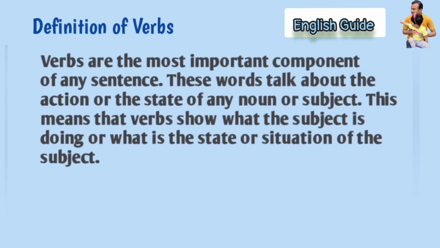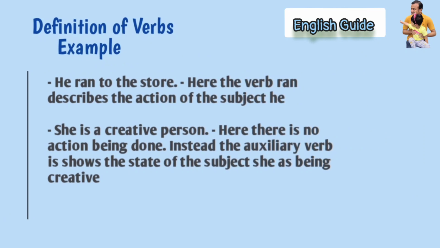Means a verb shows what the subject is doing as well as what is the state or situation of the subject. মানে ভার্ব বলছে কোনো সাবজেক্টের কাজ করাটাকে বোঝাচ্ছে, প্লাস তার সিচুয়েশন বা অবস্থানকেও বোঝায়। So now let's go through one example which will complement the verb's definitions.